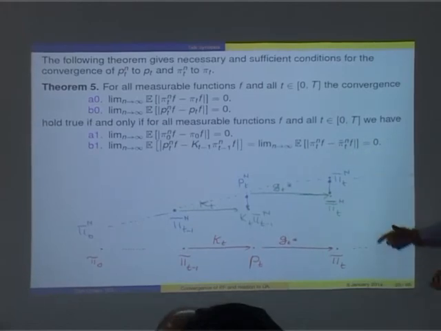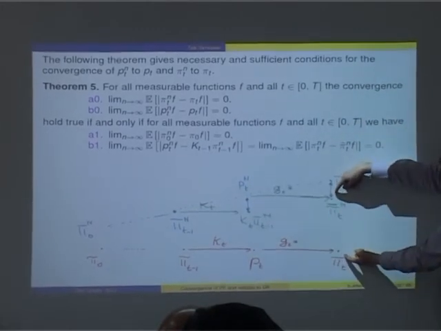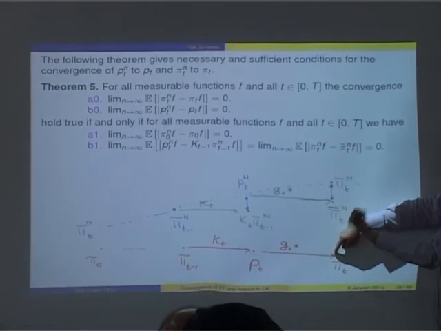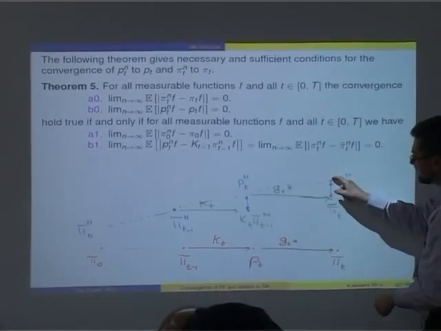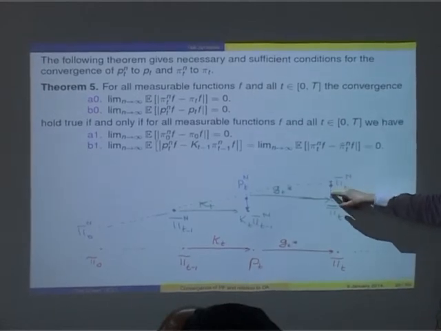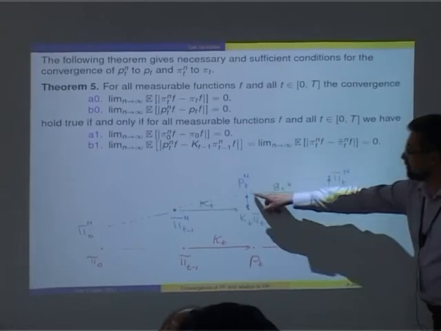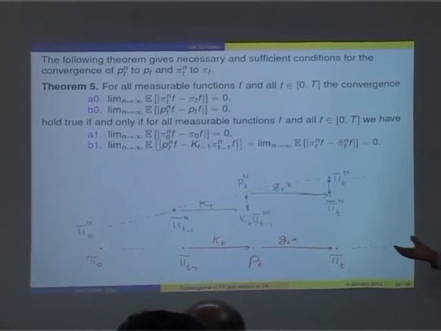But still, it's continuous. In other words, if I know that this goes to 0 via my projective product, this will go to 0. So I'm going to prove that. Now, if I prove that, then if my constraint is that this has to go to 0, and I know that this goes to 0 from the previous step, then the whole thing goes to 0. So that's the proof of the sufficiency part.